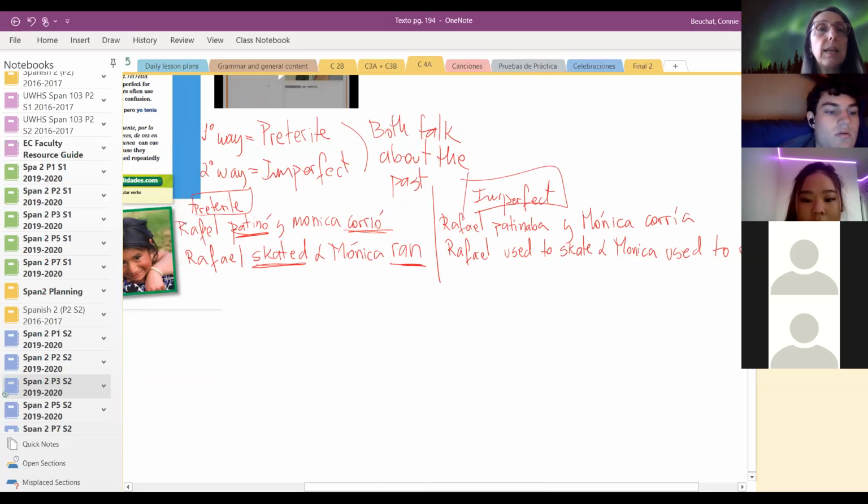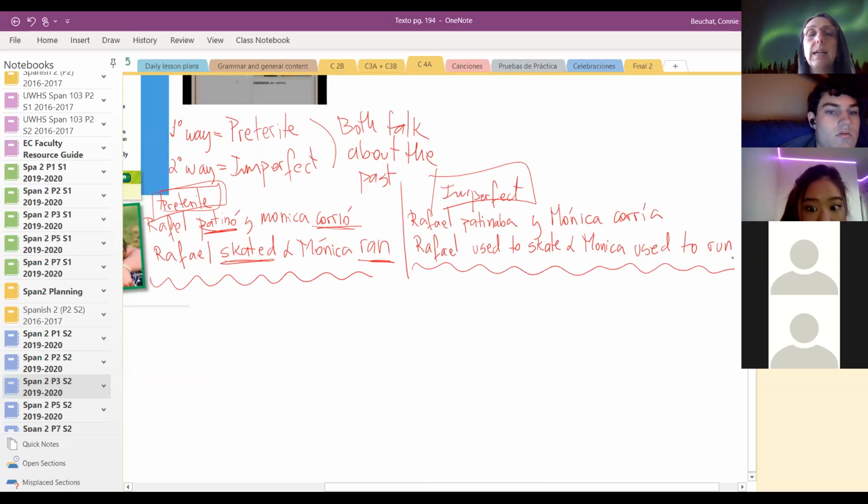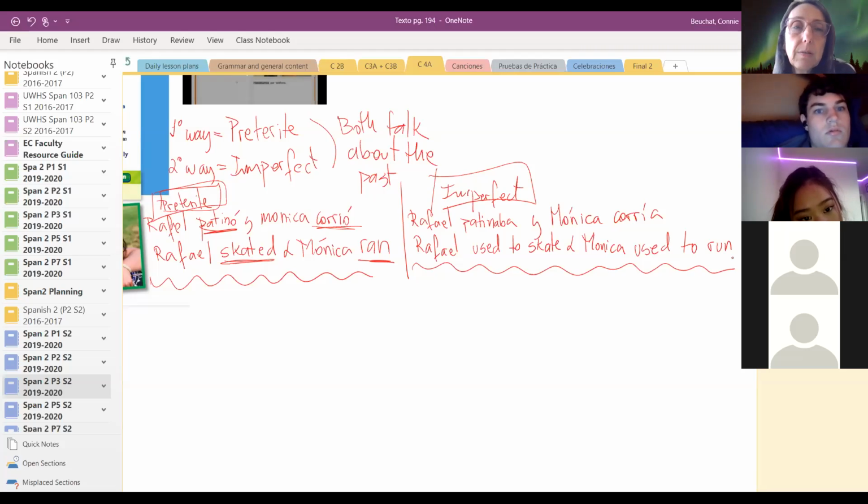Okay, so if you look at these two sentences, I'm zooming out so you can see. Here's the imperfect and here's the preterite. Look at the English sentences and tell me what's the difference between those two? What is the difference between the sentence Rafael skated and Monica ran versus Rafael used to skate and Monica used to run? Olivia, can you come up with a difference?